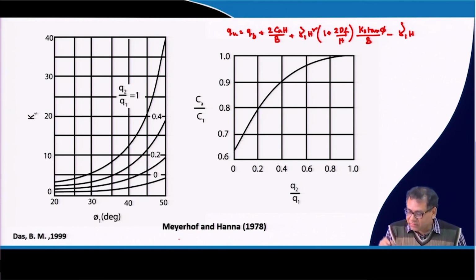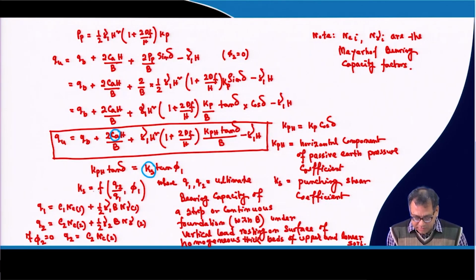So, how will I calculate Ks? I will calculate Ks by using this chart. Here, for different phi, if I know Q2 and Q1. I have already discussed what Q2 by Q1 is, and I will get Q1 and Q2 by using these two equations.